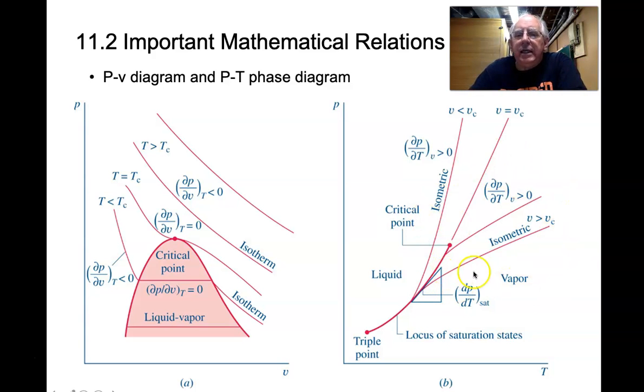And so in the saturation region, where pressure and temperature are related to each other, there is a relationship corresponding to how much the pressure changes as the temperature changes. That would basically be the slope of that particular line.